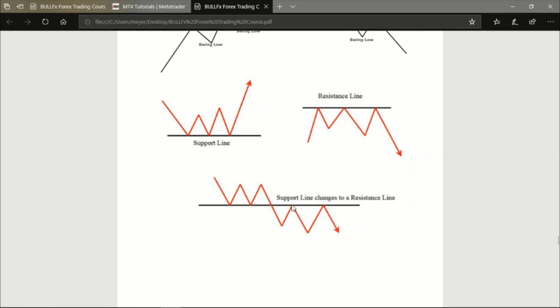However, the support line now stands strong as a resistance line, right? So the market comes down to hit this resistance line for a second time, right? To test it for a second time to see if it can enter the zone again. The market fails to do that and now continues downwards into a bearish trend. So this now forms selling opportunities.